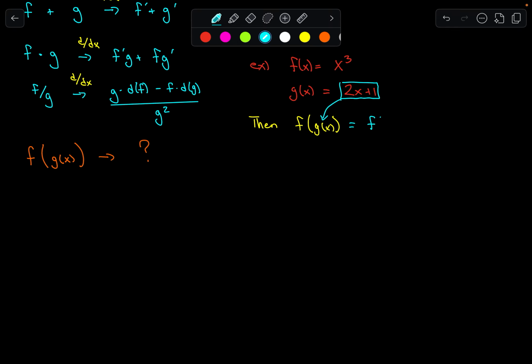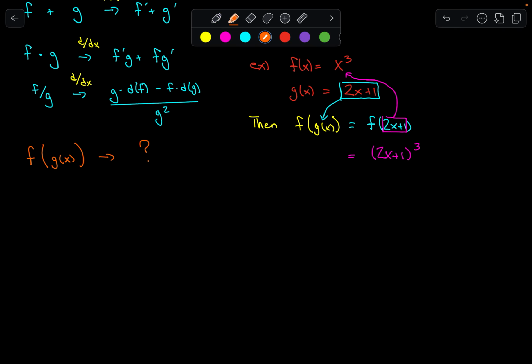So what we're really doing is f of 2x plus 1, and that 2x plus 1 we plug in everywhere that we see an x inside the f of x function. So this would just be 2x plus 1, cubed. This is a composition of functions.